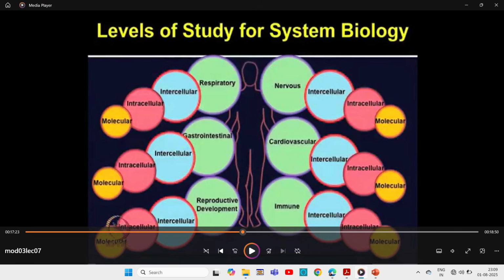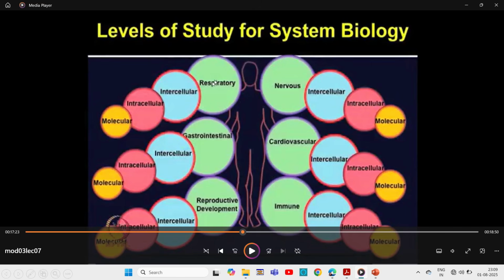And when one cell is interacting with some other cell, that is intercellular, indicating a cell is communicating with another cell. Then there is the molecular level, indicating DNA, RNA, protein, and how they are interacting with each other, etc. And the whole thing in one specific system like the respiratory system or nervous system.